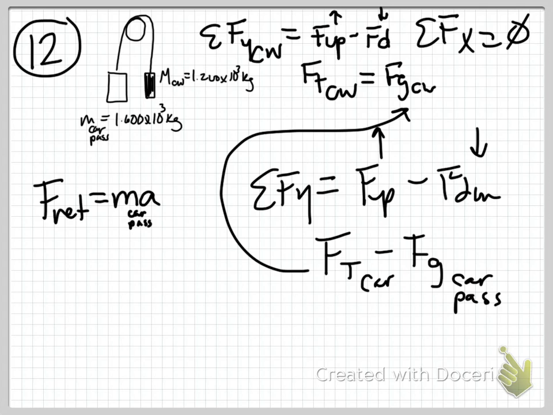So that's going to be mass of the counterweight times gravity minus force of gravity on the car with passengers, which is mass of the car and passengers times gravity.